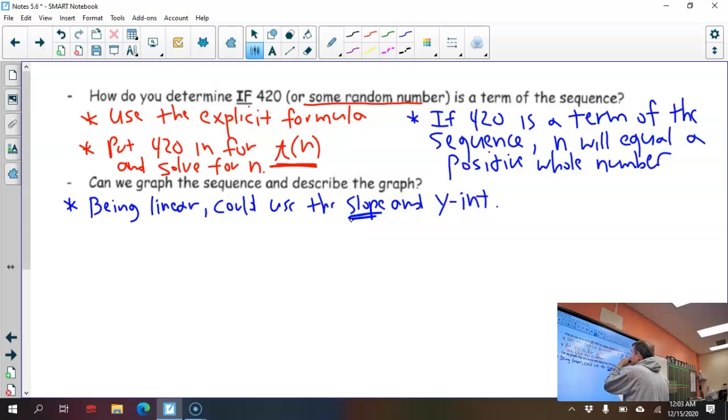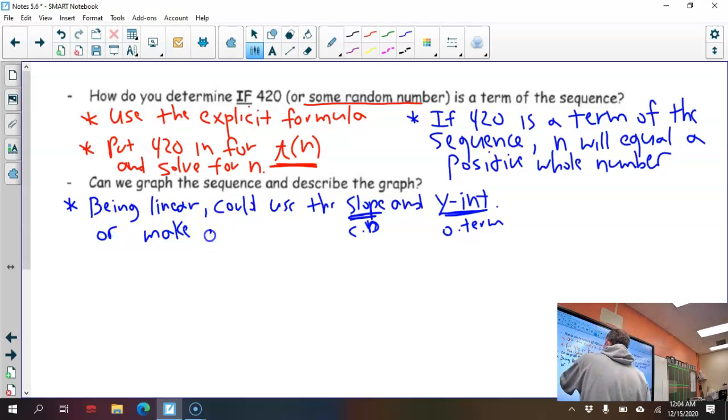The slope is the common difference. And the y-intercept is the zero term. And of course, you could graph it by using those, or you could make a table from the equation.